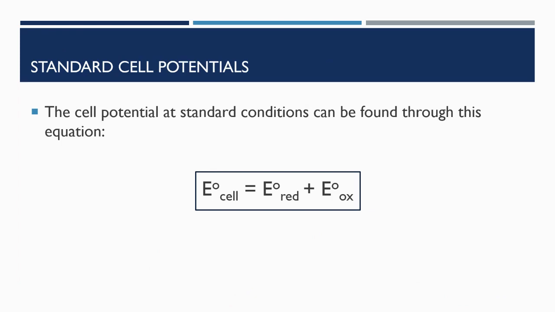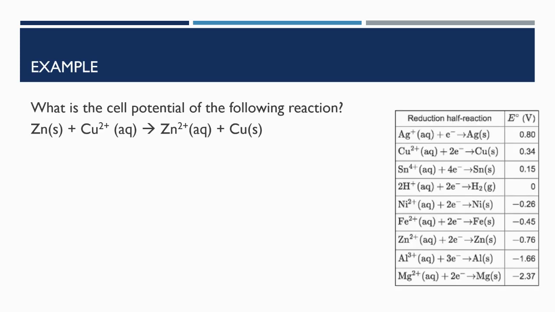So standard cell potentials: the way that we can calculate the energy of an overall galvanic cell is by adding the reduction voltage and the oxidation voltage, or cell potential. If we add those two together, we will get the cell potential for the overall reaction. So I've got a simplified reduction half reaction table over on the right here, and we're going to calculate the cell potential for this reaction, where zinc plus copper ions produces zinc ions plus copper.